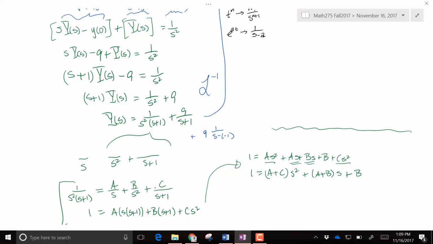You could do that. Do you guys know like little shortcuts for doing this? Yeah. Like right here at this point, instead of multiplying it out like I did, you can just let s equal some choice numbers like 0 or 1.